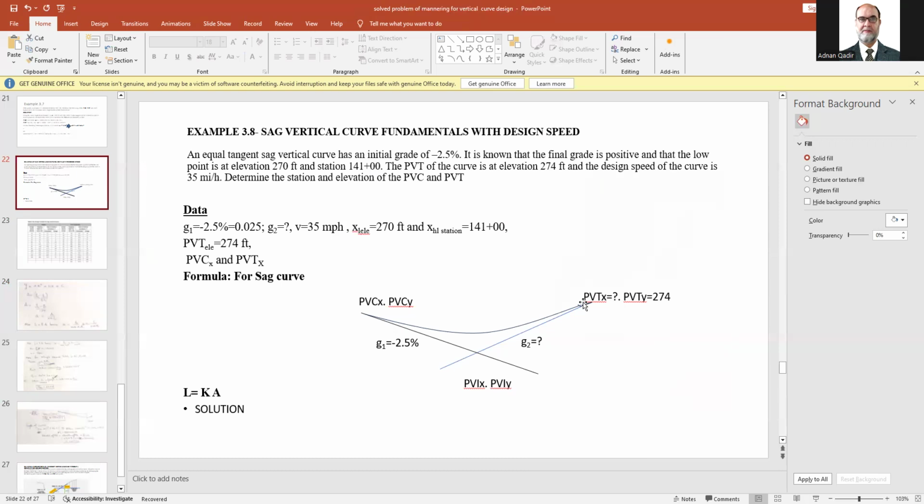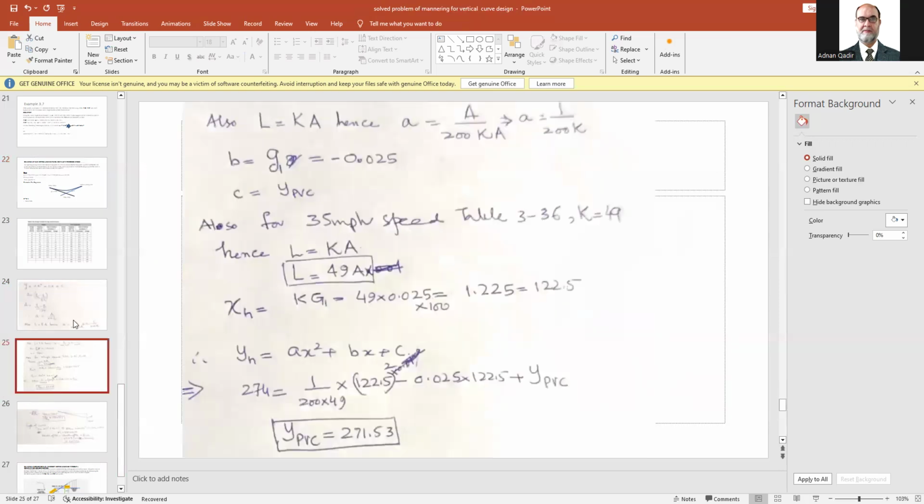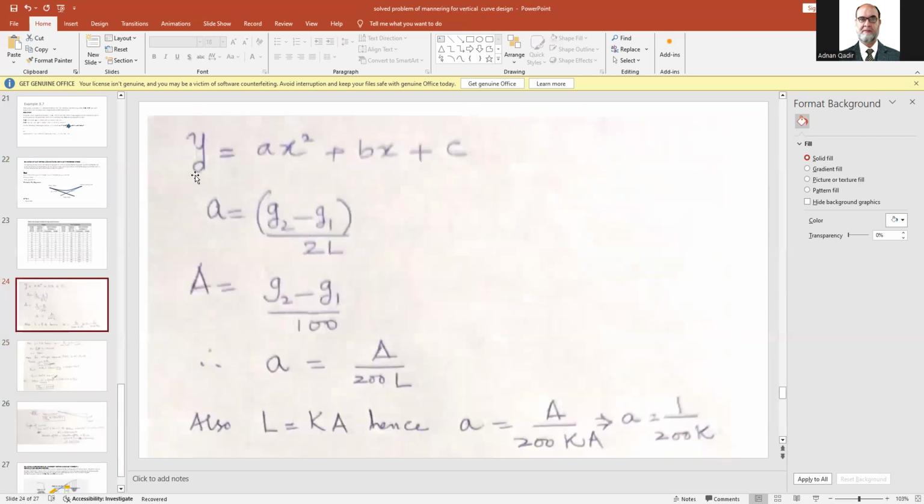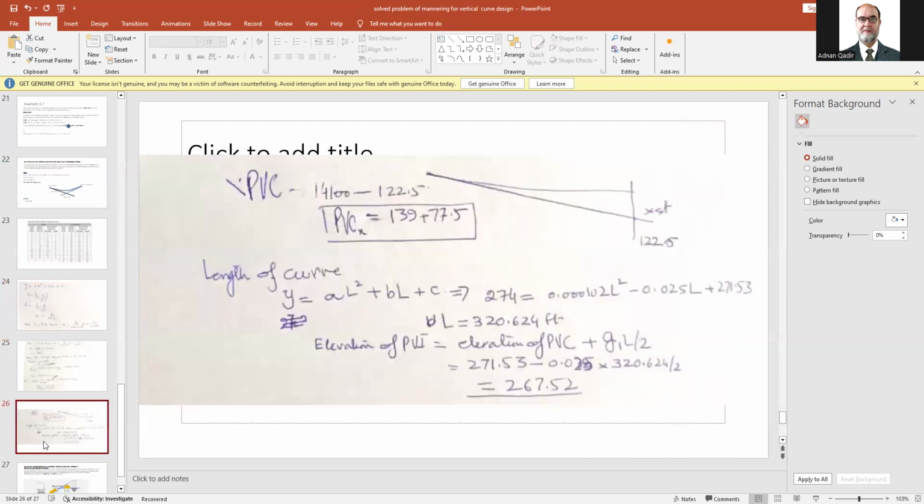Because when we say x is equal to L, we mean we are standing somewhere here. So that's why the PVT is given, and when x is equal to L, the value of y at the end of the curve is simply 274. So we have substituted 274. We know a, we know B, and we know C. By simply doing this exercise, we know the elevation of the PVI is 267.52. So this is how this problem is solved. I hope that I was able to communicate this problem.